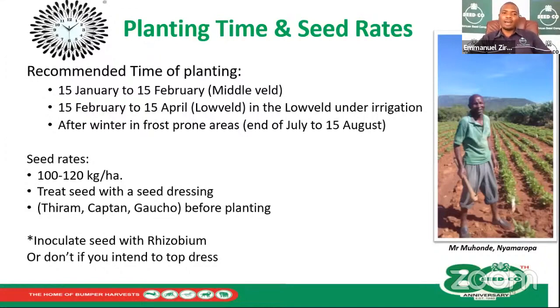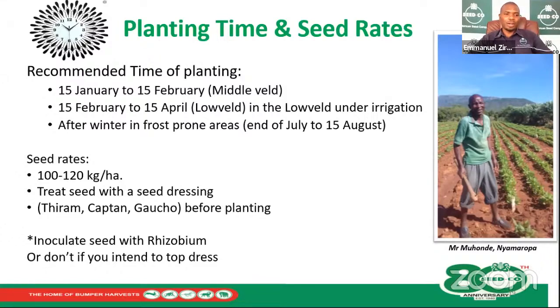After the winter frost, in frost-prone areas, you can plant your sugar bean from the end of July up to 15 August. If you go beyond 15 August, you risk your sugar bean coinciding with the rains, and your sugar bean quality will be very, very poor.